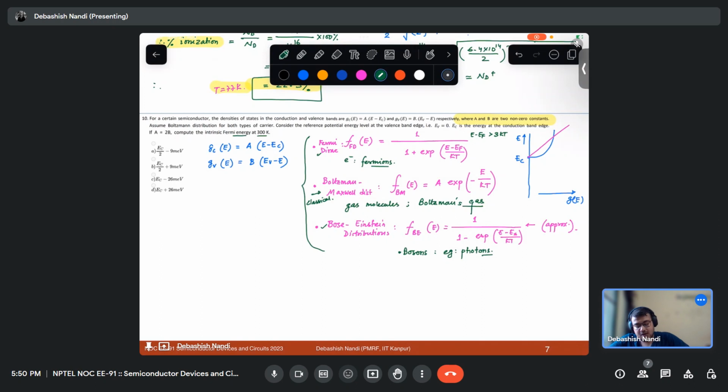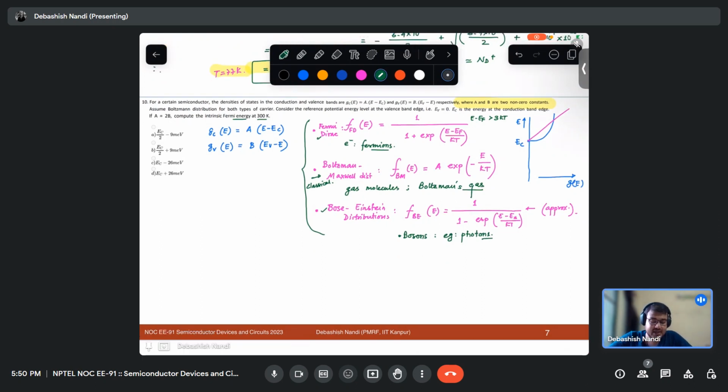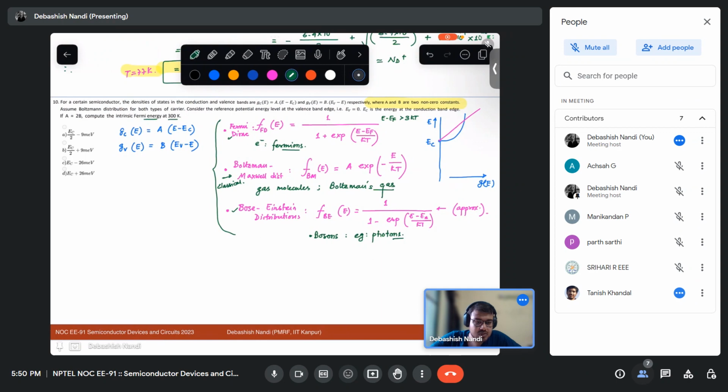So what is an intrinsic material? What is the basic definition of an intrinsic material, by the way? How can you tell that these are intrinsic? They are not doped.